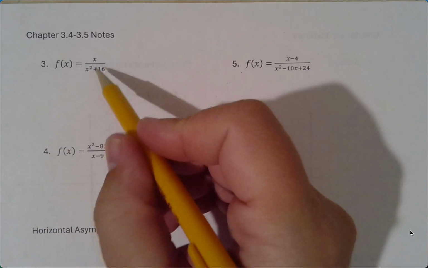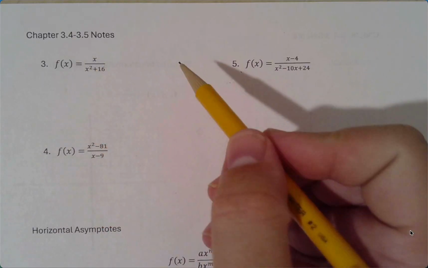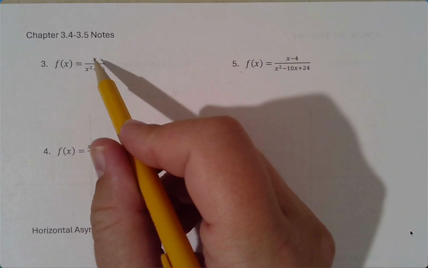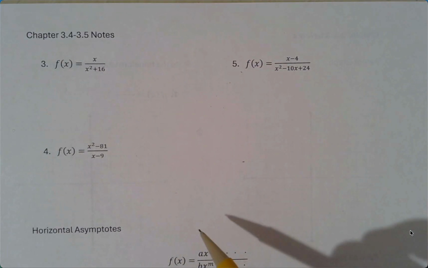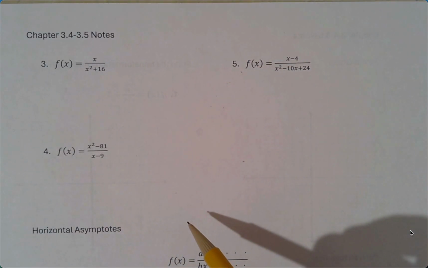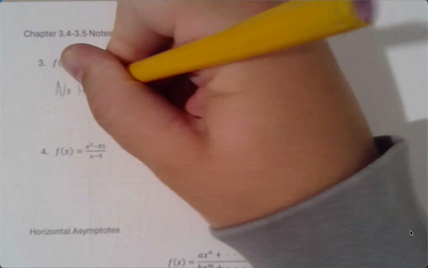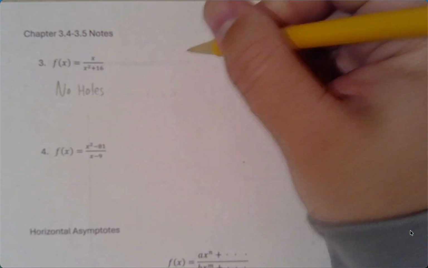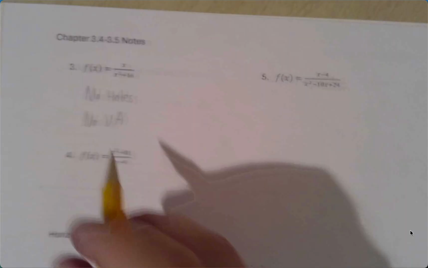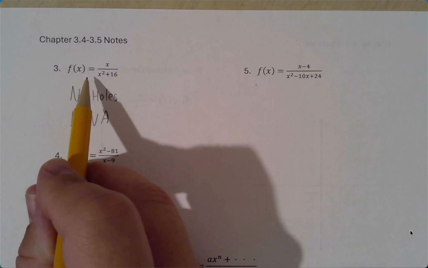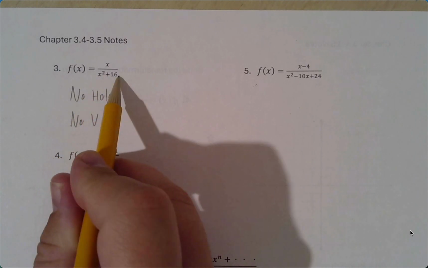Then the question also is, can this x cancel here? And the answer is also no, because there's no common x to divide out of everything, so to speak. So nothing's shared on the numerator and denominator. Now that also means, finally, that there are no holes because nothing canceled after factoring, but there's also no vertical asymptote because, and we've seen this idea before, there was a square plus a number.